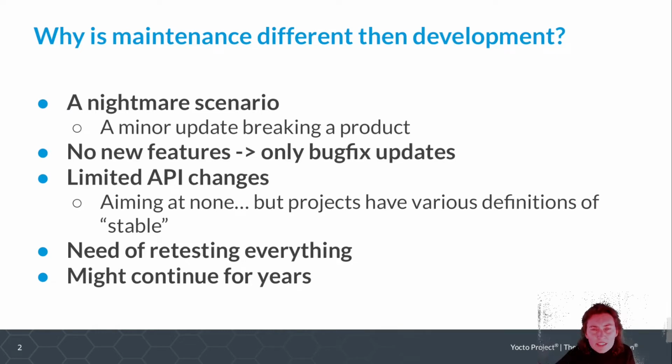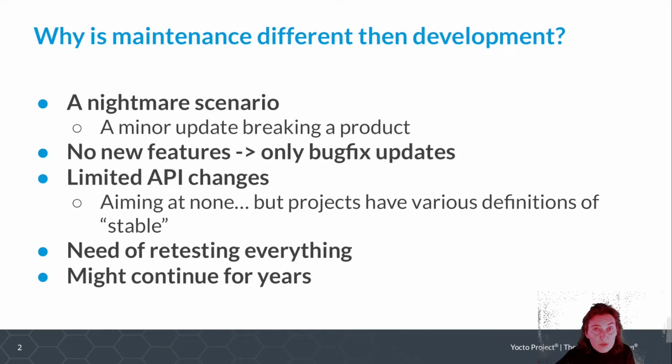I say limited because ideally there will be no API changes, but in practice, upstream projects have different definitions of stability. Now, when you are releasing a maintenance release, you need to be sure that it doesn't break in the field.